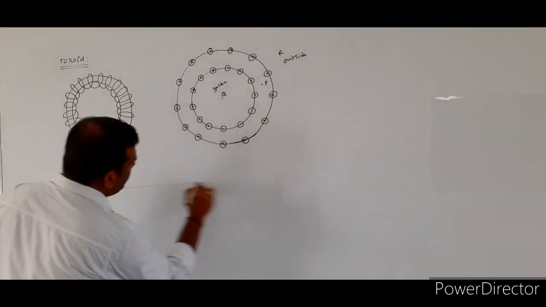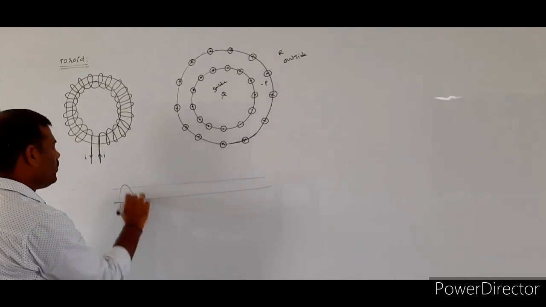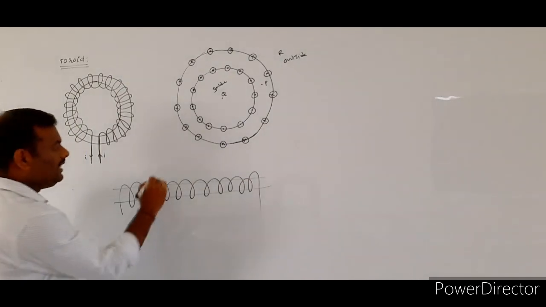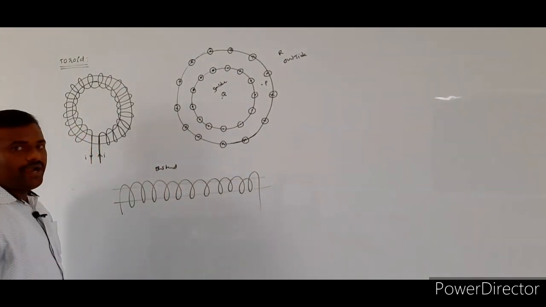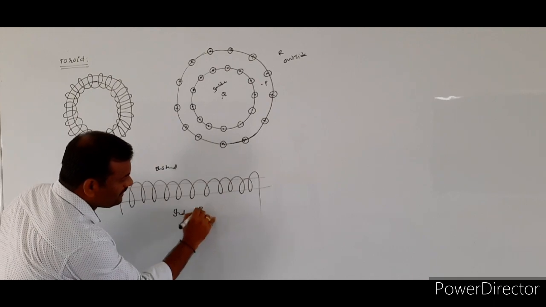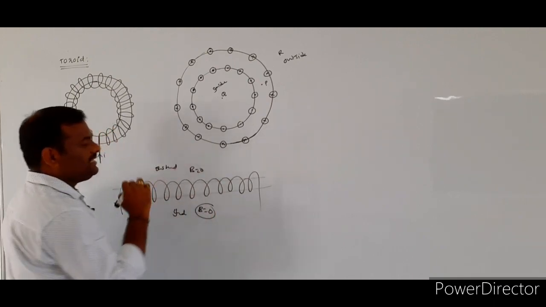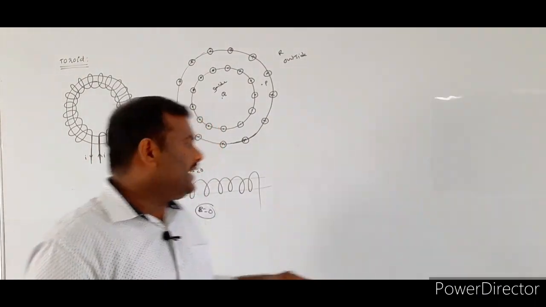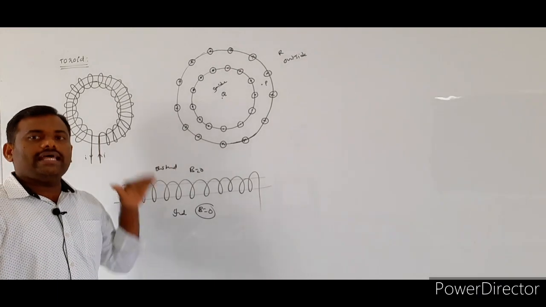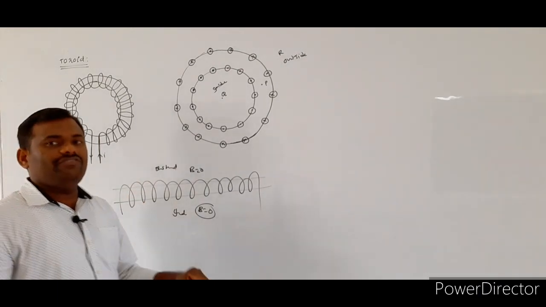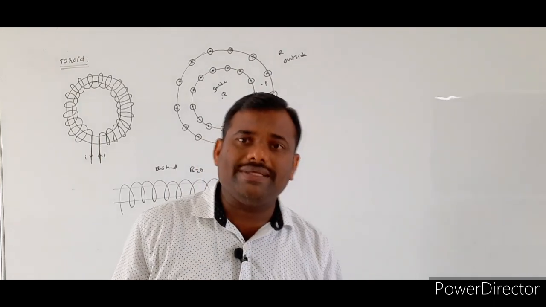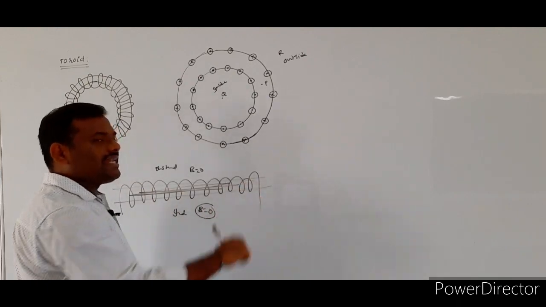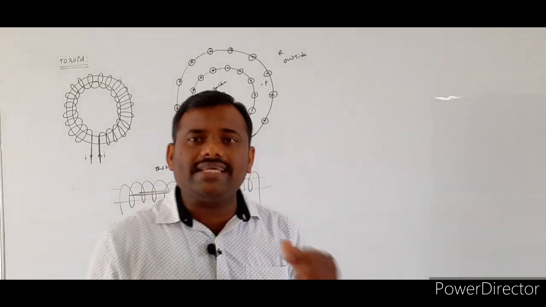For the long solenoid, as we discussed previously, at the outside point as well as at the inside point, the magnetic field intensity is equal to 0. At the top region of the solenoid as well as at the bottom region, the magnetic field is 0. The magnetic field is present just inside the solenoid only.